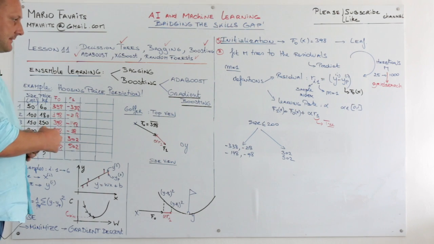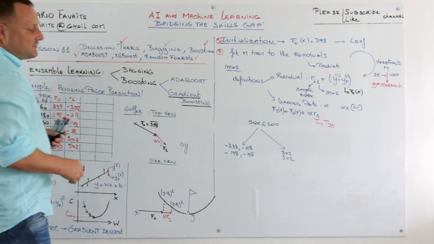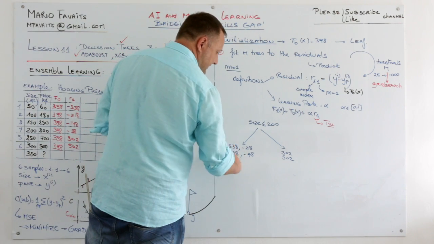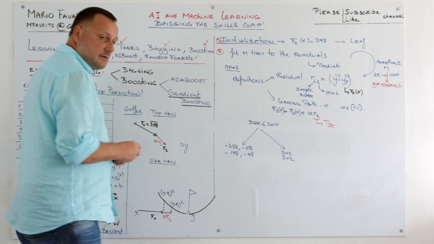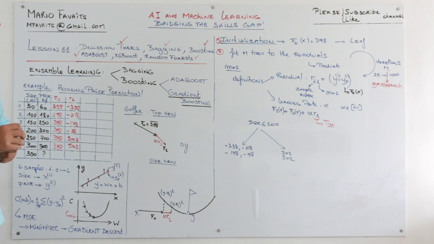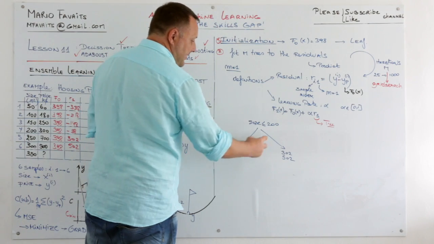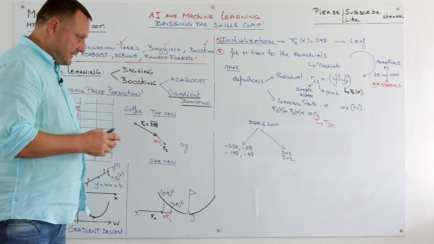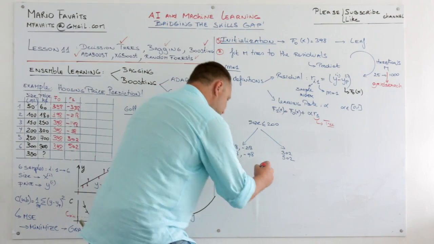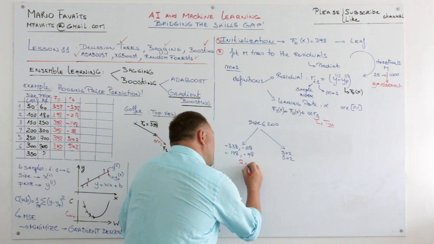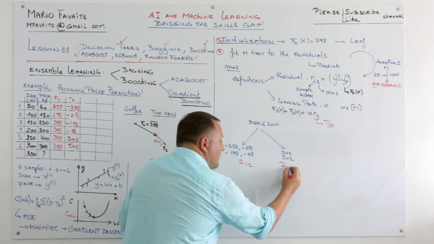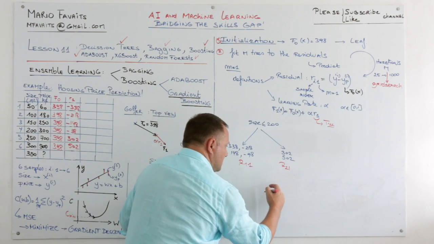So now we need to know what the output is of this tree. We need a y-predict in such a way that our error is minimal. So this we're going to call R11, and this we're going to call R21.